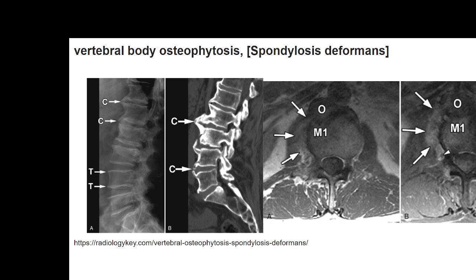Then comes another cause of spinal canal stenosis, vertebral body osteophytosis, where there would be gross osteophytic changes in the vertebral body, which result in spinal canal stenosis. Now, this can be made out in the plain X-ray, as well as in the MRI images, where the exact changes or compression of the spinal cord can be seen, and this is also called spondylosis deformans.